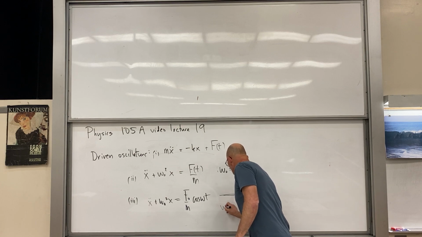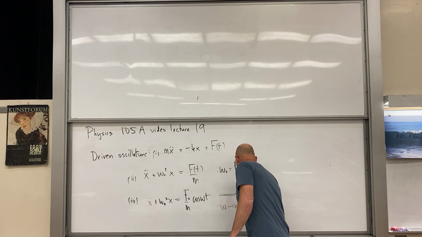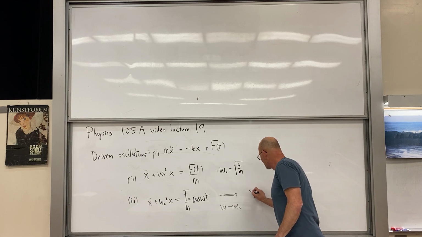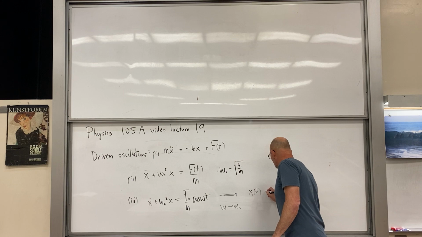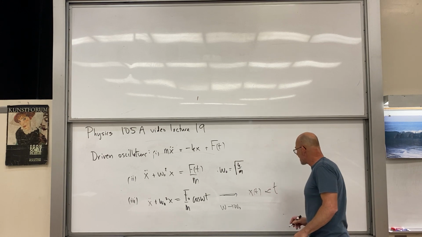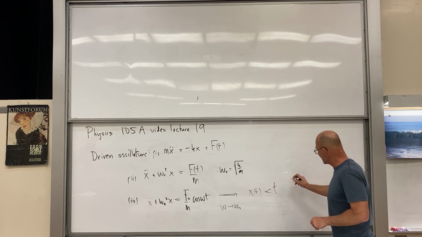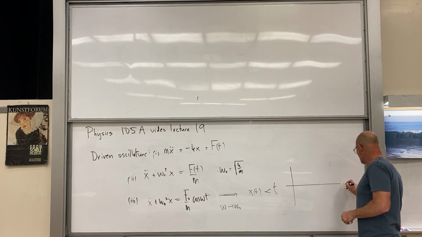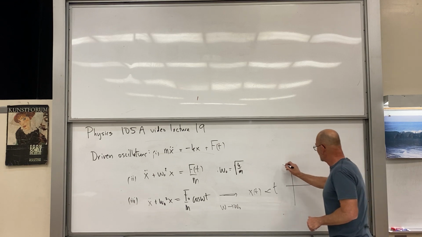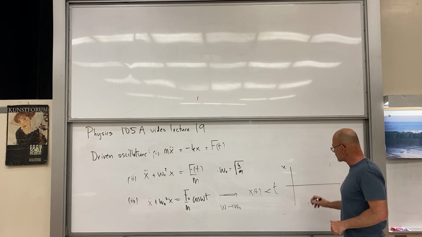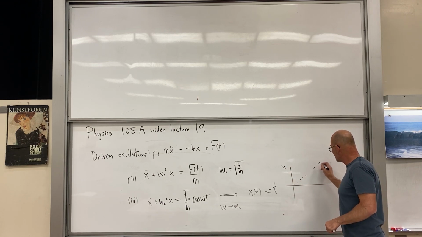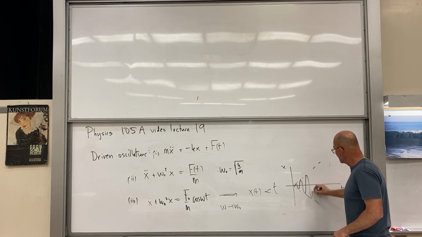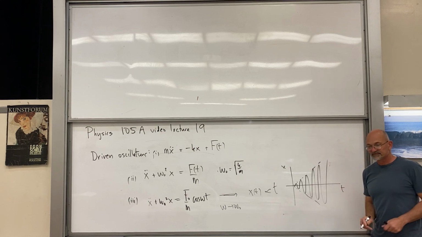So if omega approaches omega naught, then we end up with x of t proportional to time. Of course, it's still oscillating, and we could say we had something like this. And since it's growing linearly, I can just draw a linear envelope, and our oscillations are growing like that.